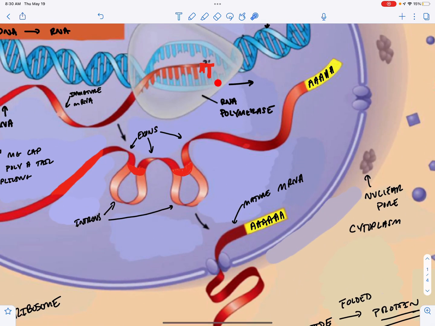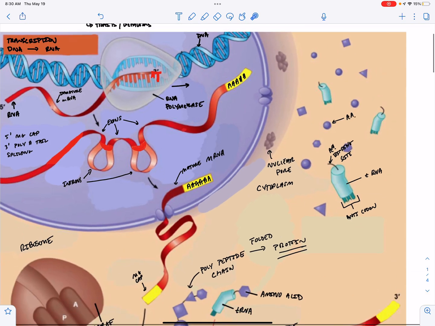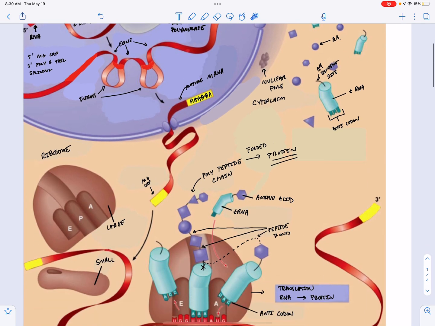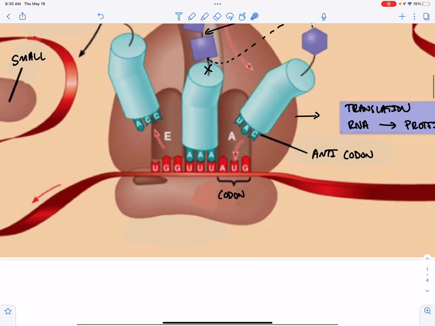If you change a single nucleotide within the DNA, now there's going to be potentially a new, or there will be a new RNA nucleotide that is complementary to that new DNA base. That will change the mRNA sequence. If that is part of an exon, it will be part of the mRNA message that leaves the nucleus. And it will change the nucleotide that is part of the message.